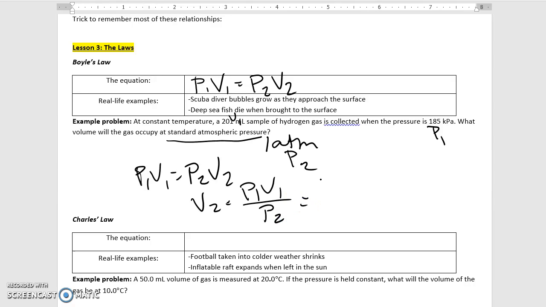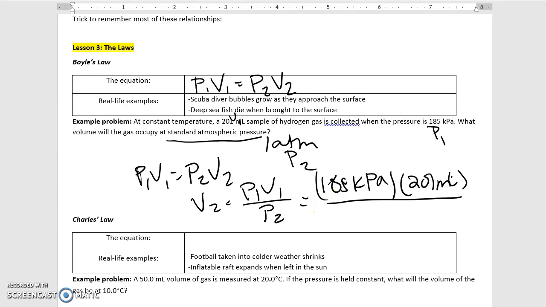I just start plugging in. So P1 from our problem is 185 kPa. V1 is 201 milliliters. And then P2 is going to be 1 atmosphere, or another way to write this so we have the same units is 101.325, which is that number we talked about the other day as well.